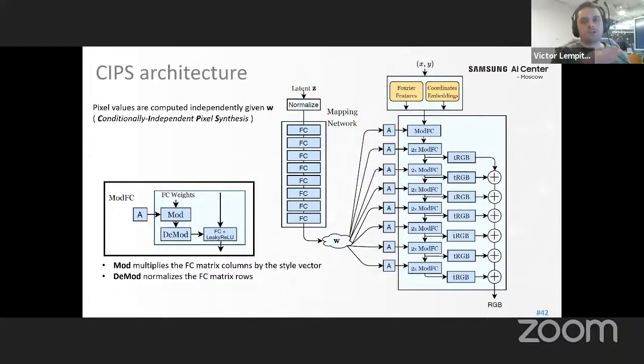All operations like spatial convolutions, up convolutions, and bilinear upsamplings are absent from this architecture, so pixels are truly independent given W, and I can generate any subset of pixels I want.